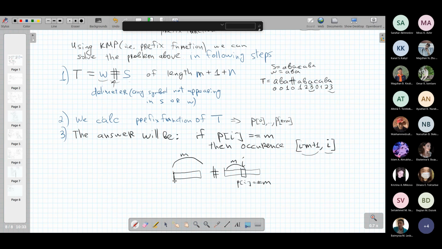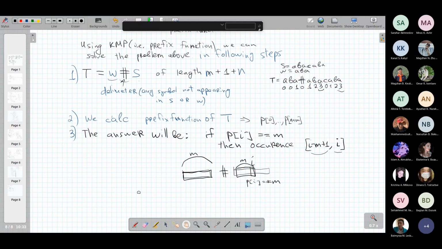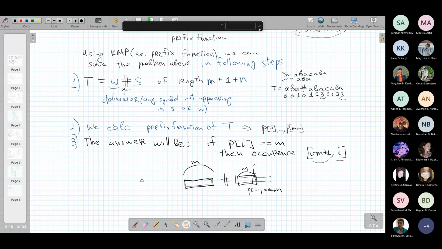The prefix of that string is just the word w, right? So that means that the word w is appearing here as well. But that's it. Very simple.